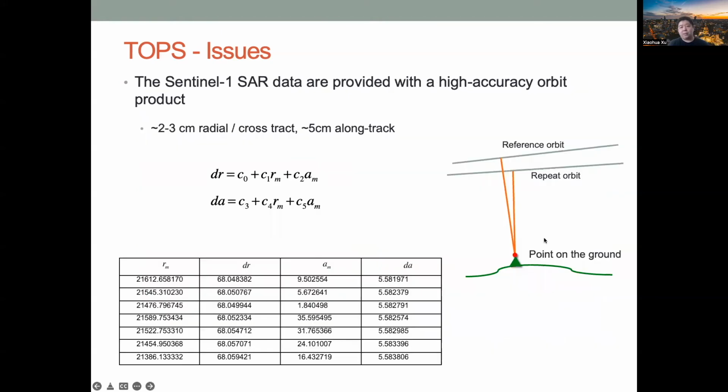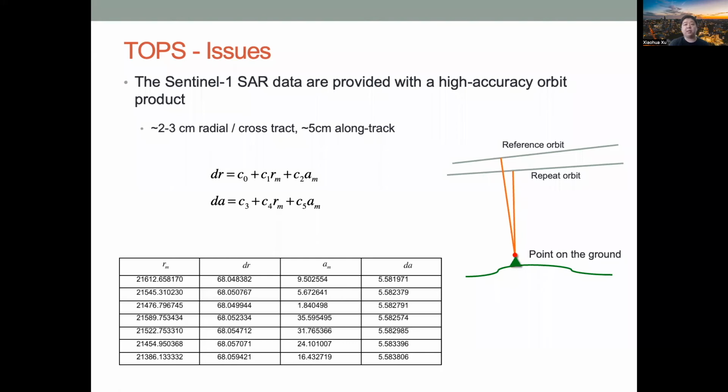So we turn to another approach, which is to co-register the radar image purely using the information from the satellite orbit. This heavily relies on the accurate orbit product from Sentinel-1, whose accuracy is around 2 to 3 centimeters in range direction and about 5 centimeters in the azimuth direction.